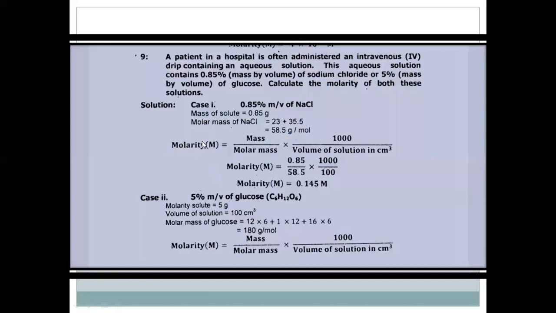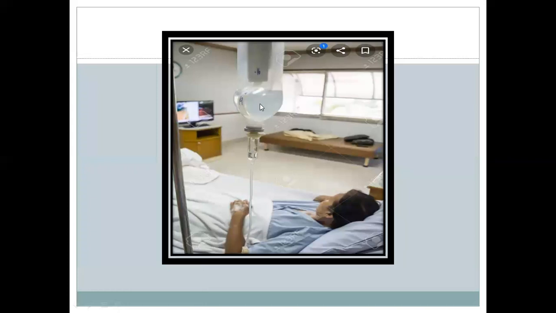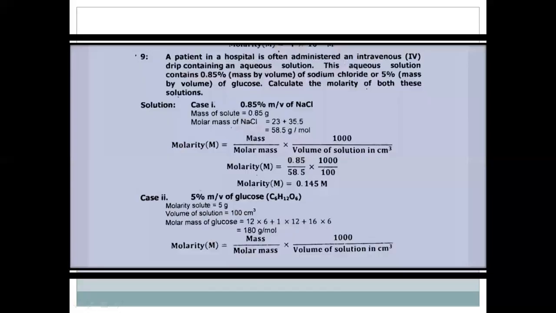Question number 9. A patient in a hospital is often administered an intravenous drip. Patients are mostly given a drip in veins. It is intravenous, meaning in the vein, and this drip contains sodium chloride solution and glucose solution. It has 0.85% mass by volume sodium chloride and 5% mass by volume glucose.